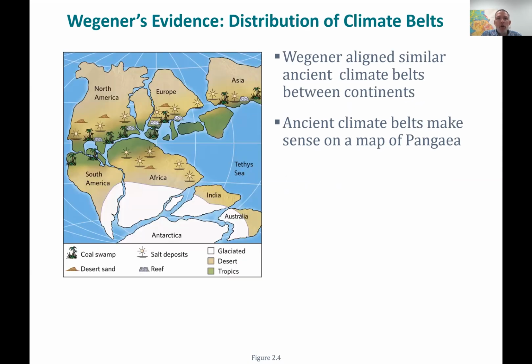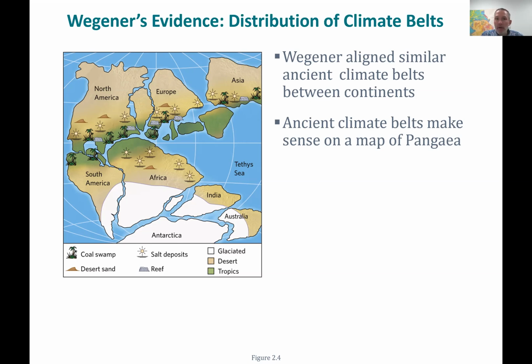Here's an image looking at these different climate belts of these ancient climates. We'd expect to see swamp areas that will lead us to a sedimentary rock called coal. And you can see there's a lot in the United States, but that layer of rock extends all the way across the different continents if we put the continents back together.